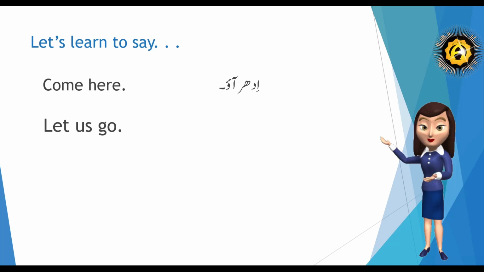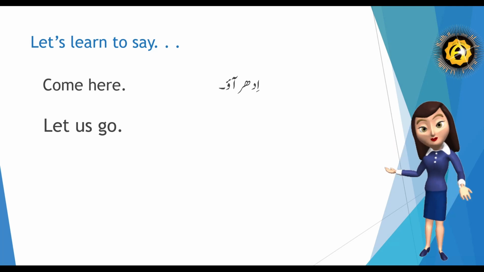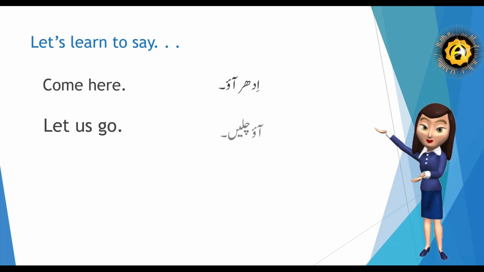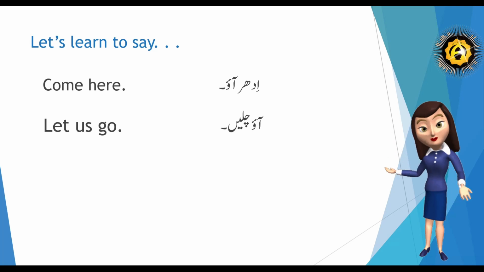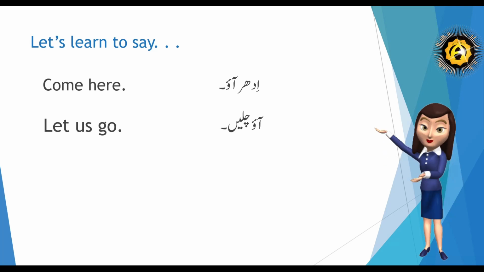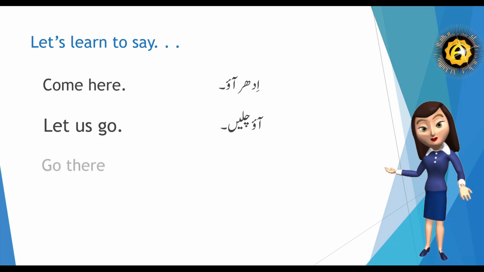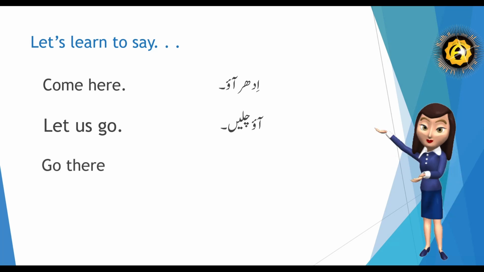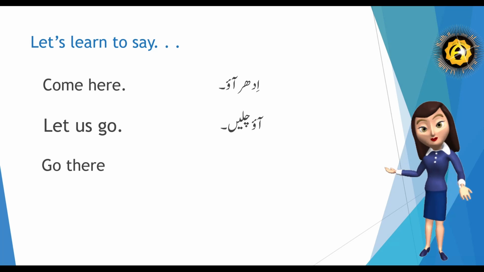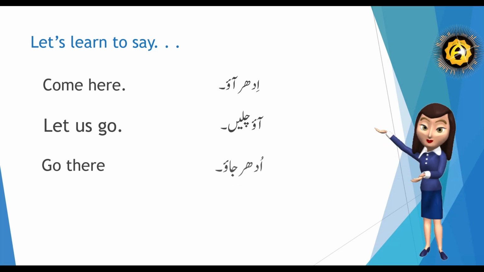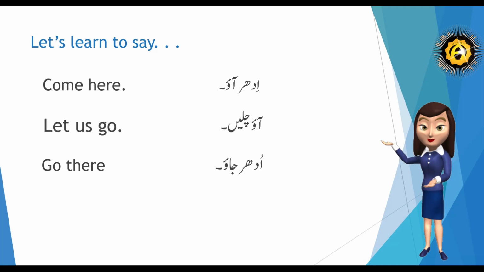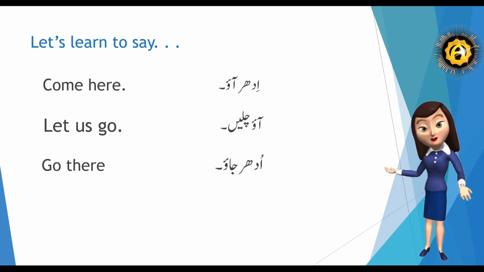When we say let's go, that in Urdu is आओ चलें, आओ चलें. Let's go, आओ चलें. Then we say go there, and in Urdu it is उधर जाओ, उधर जाओ.